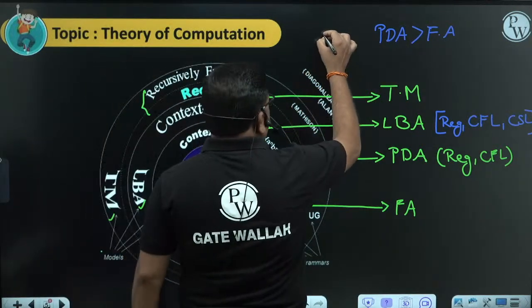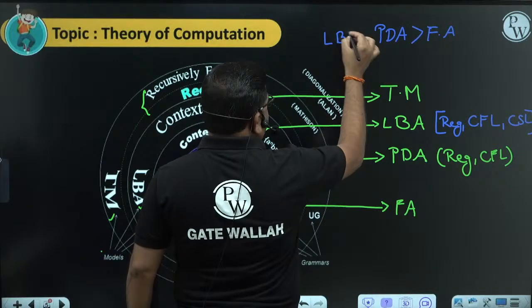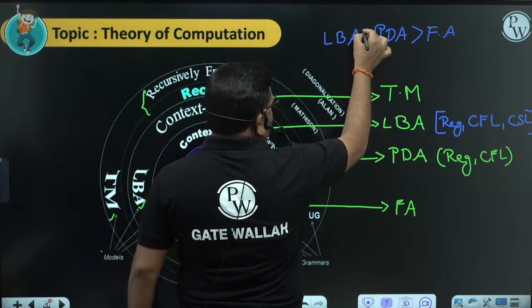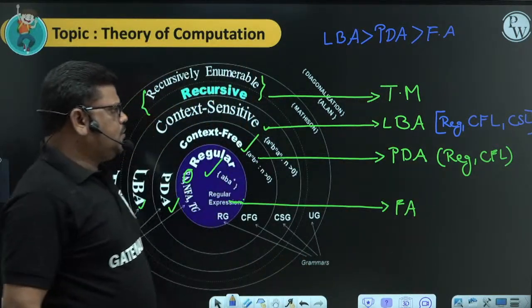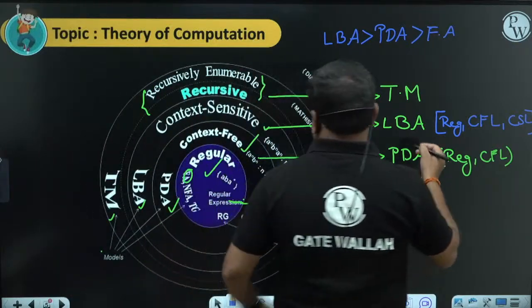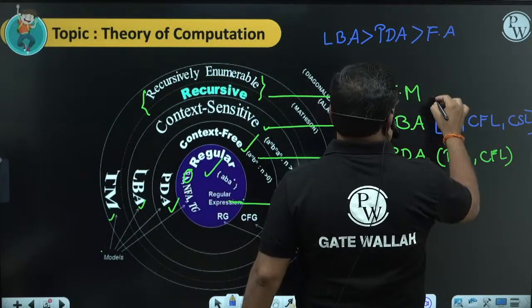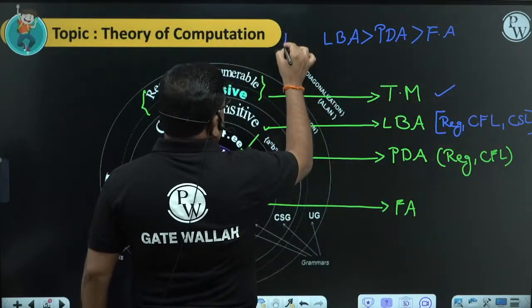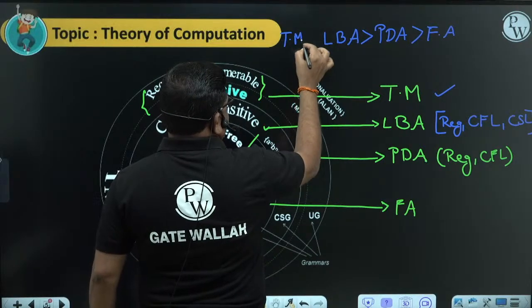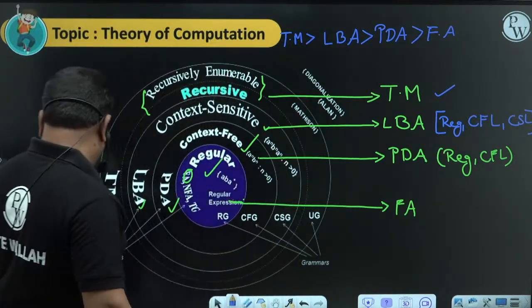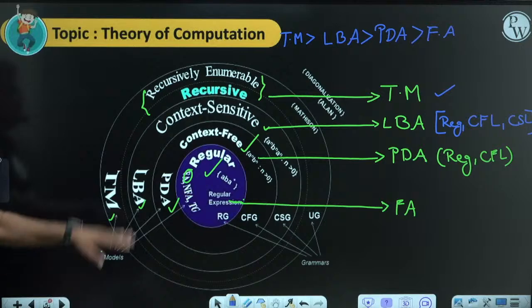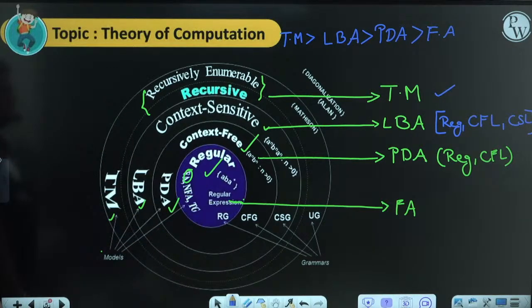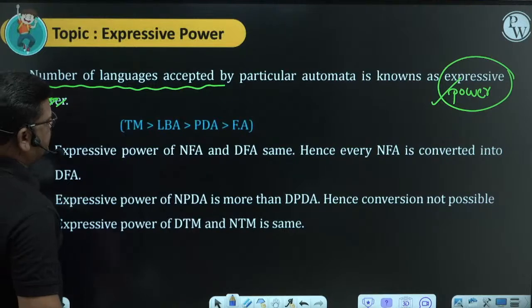So out of LBA and PDA, LBA is powerful. Turing machine accepts all languages, whatever is written here. So Turing machine is the most powerful one. So this is our relationship, the relationship between these automata and these languages.